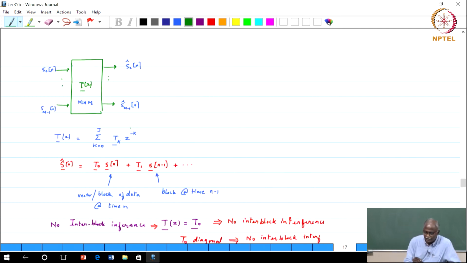So, basically this is the matrix. This is how you could write it, as a polynomial of matrices, and then we indicated that if this matrix turns out to be a constant matrix, there is no interblock interference, and if it is a diagonal matrix, then it becomes no inter-channel and no intra-block interference. So, this is not inter, this is intra.